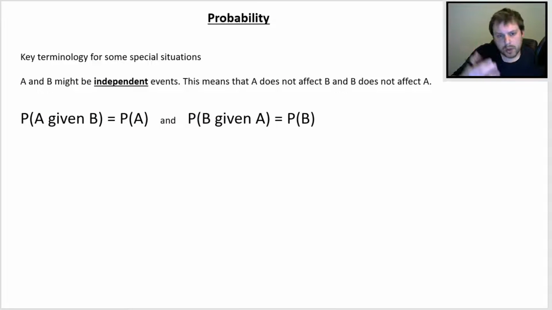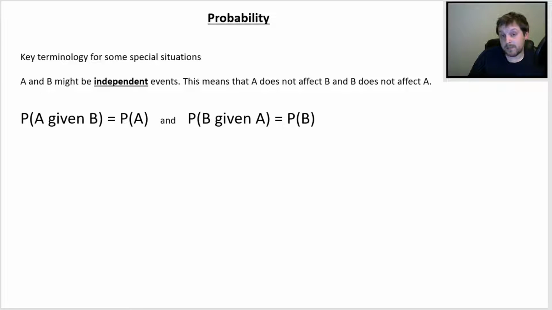So okay, what does independent mean? This is the last bit of key terminology. It means that if A has happened, then the probability of B doesn't change. It stays the same value as before we knew A had happened.